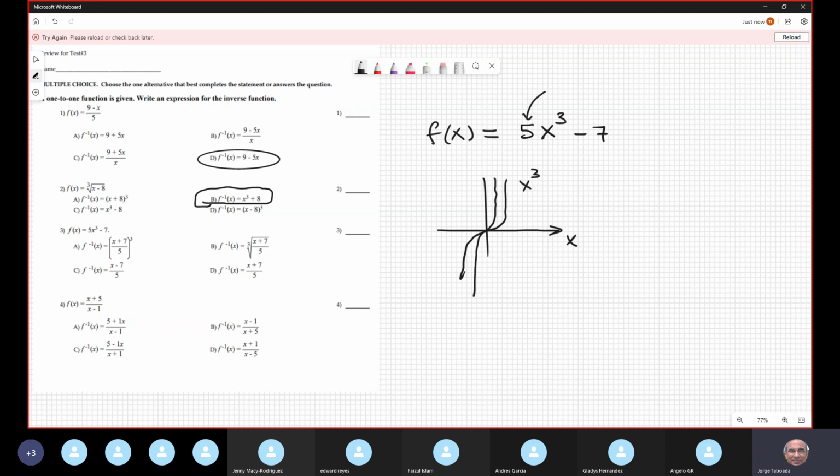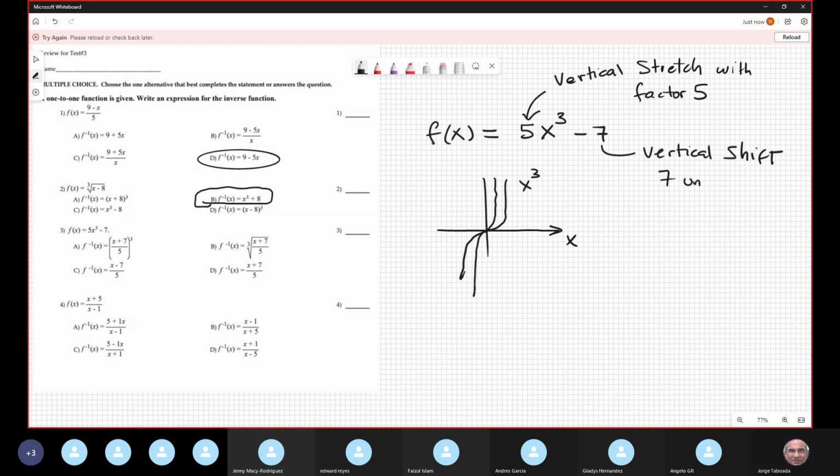So this is the vertical stretch with the factor 5. And minus 7 is a vertical shift, 7 units down. Make sense?